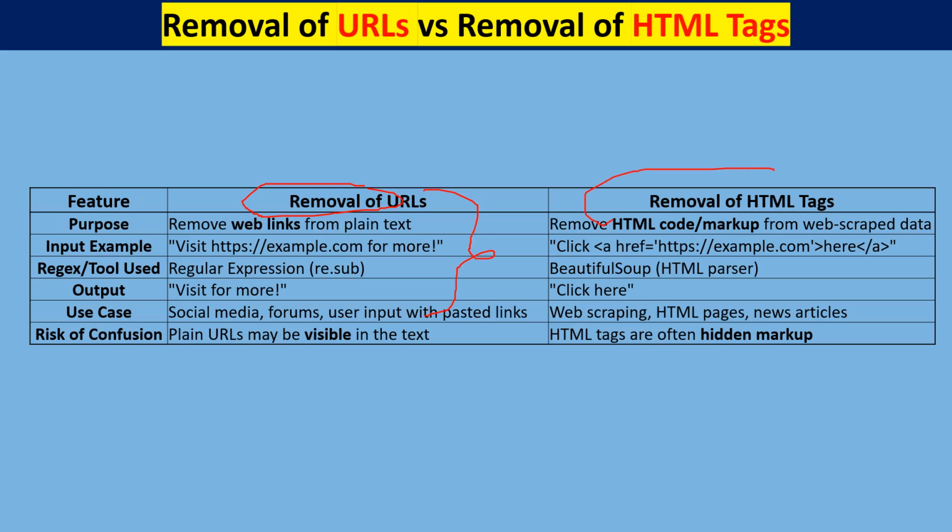Removal of HTML tags cleans up markup languages like div when text comes from websites. The focus is on structured tags around contents; use BeautifulSoup to extract only visible text, ensuring readable text from raw data pages. While both steps remove text we don't want, URLs are actual links like http, whereas HTML tags are part of the web code. We need to remove both for different reasons: one for cleaning user posts, the other for scraping from websites.